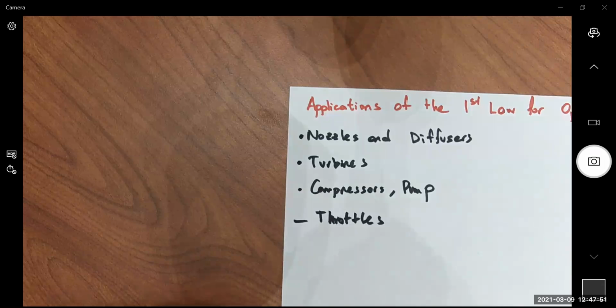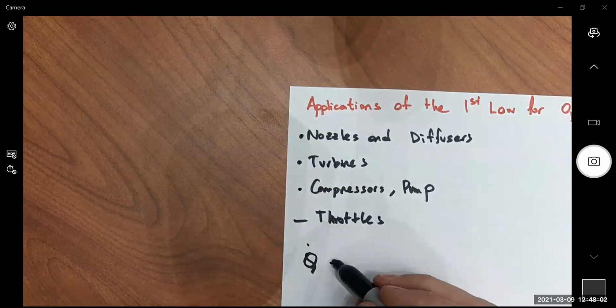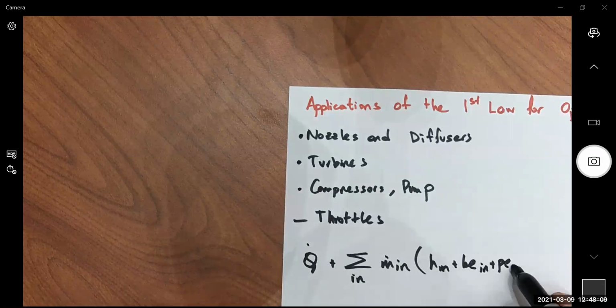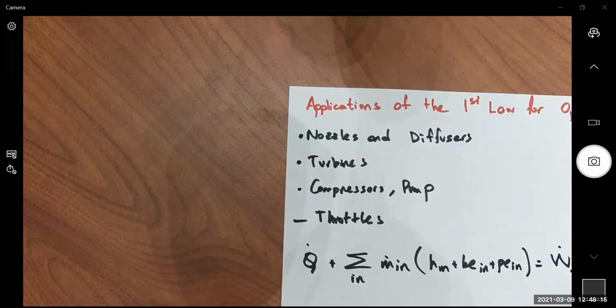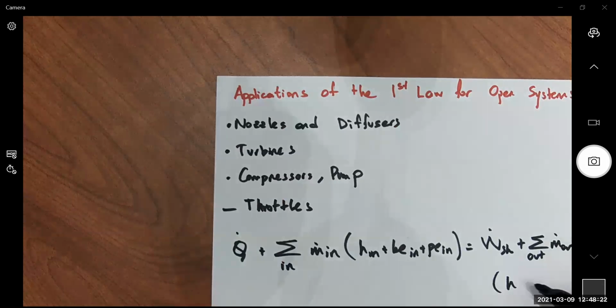So first one was a steady state equation for open systems. It was Q dot, summation of all the inlets, m dot times H in plus kinetic energy in plus potential energy in, equals work shaft plus summation of all the outlets times H out plus kinetic energy out plus potential energy out.